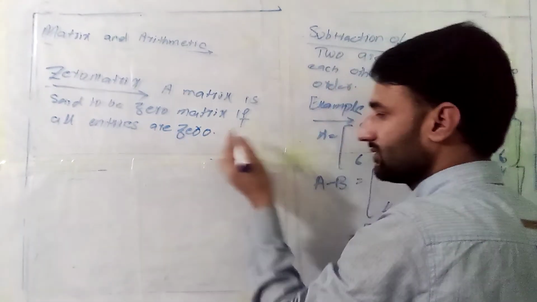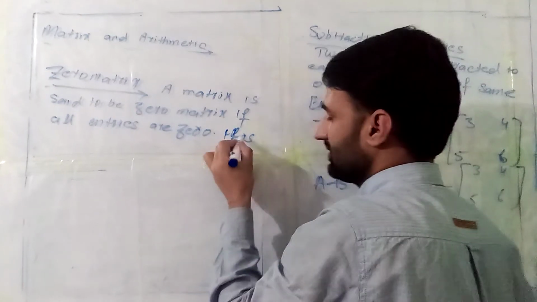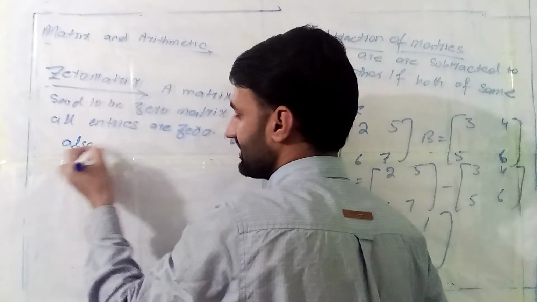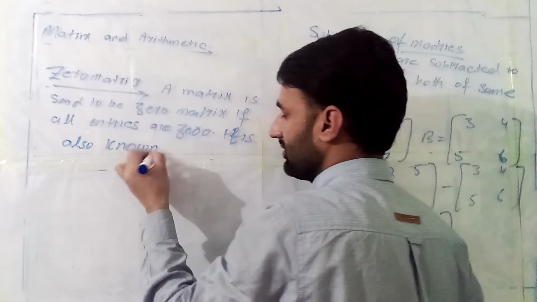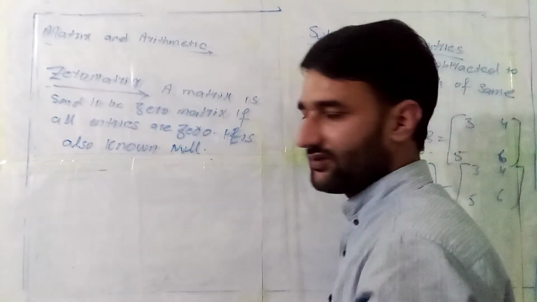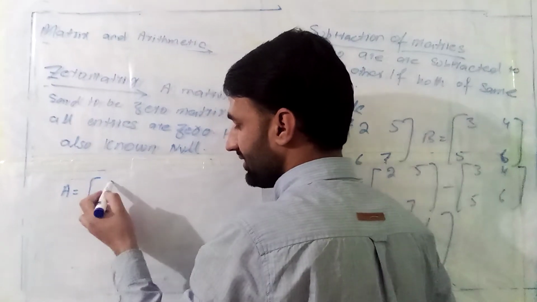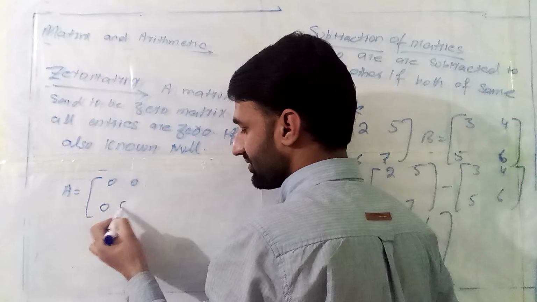It is also known as a null matrix. For example, matrix A here is 0 0 0 0.